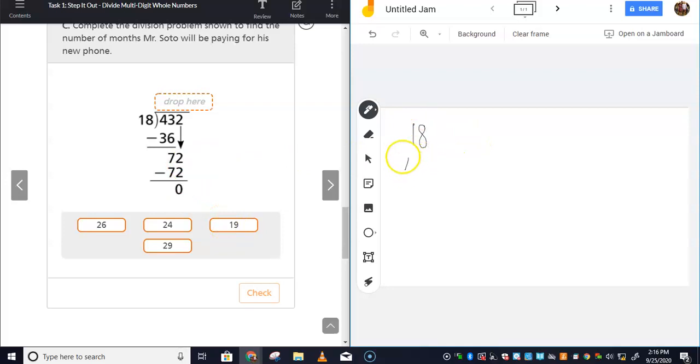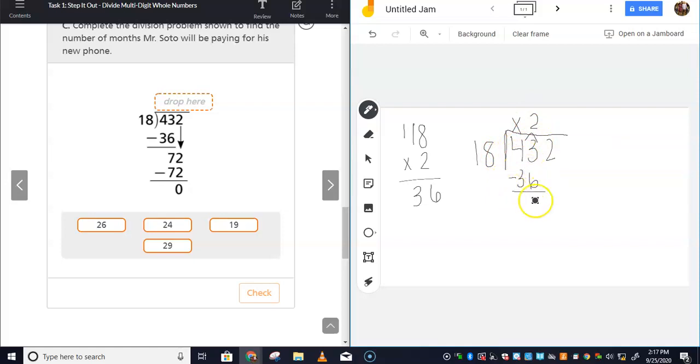So if you need to, you're going to take 18 times 2. 8 times 2 is 16. 2 times 1 is 2, plus 1 is 3. So we get 36. I am going to rewrite the problem to make it easier for me as I'm doing this. So 18 times 2 is 36.